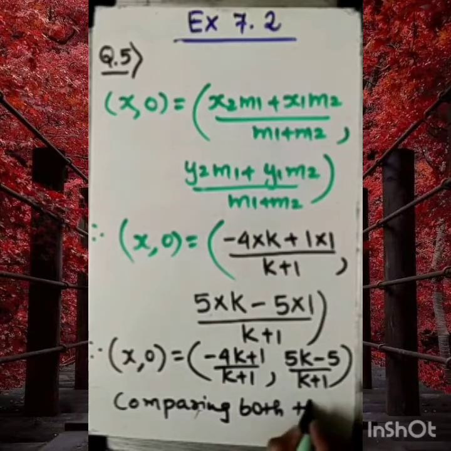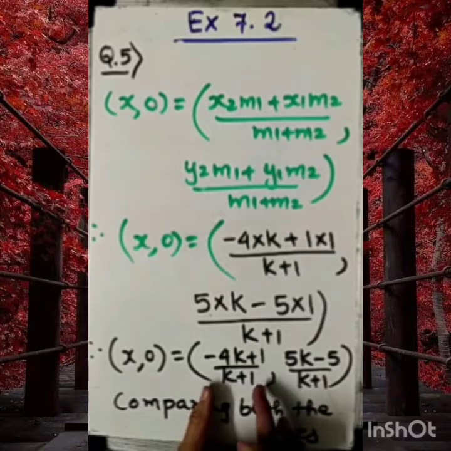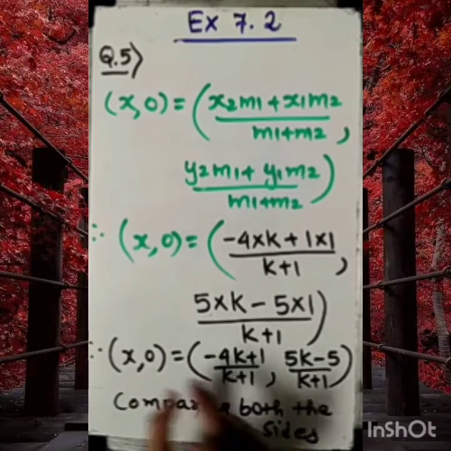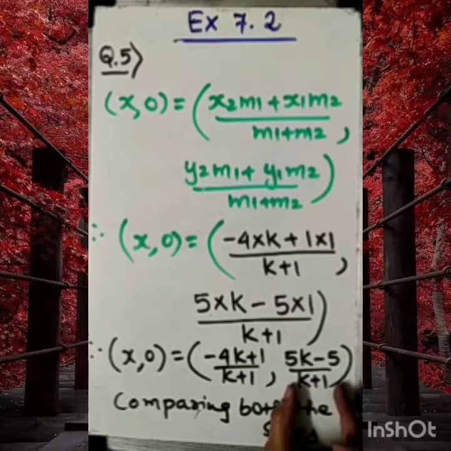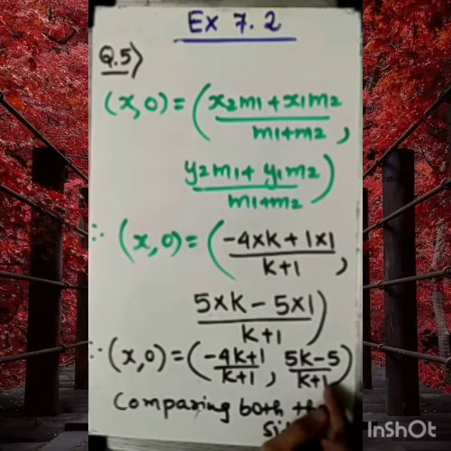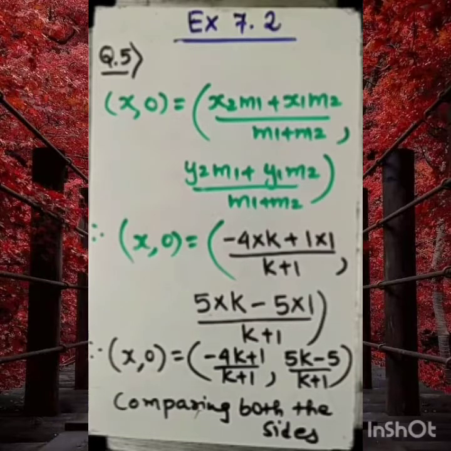If we compare both sides, this will become x and this will become y. So first I am going to simplify to find the value of k, comparing the y coordinate with 0. Let's see what are the possibilities for k.